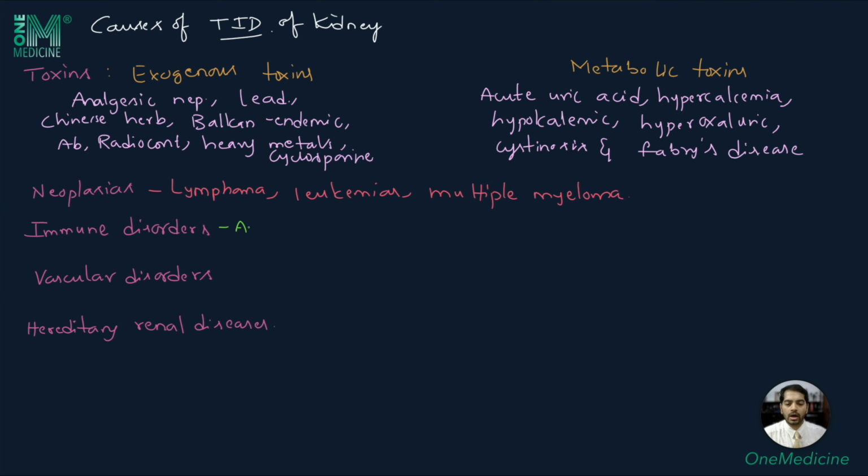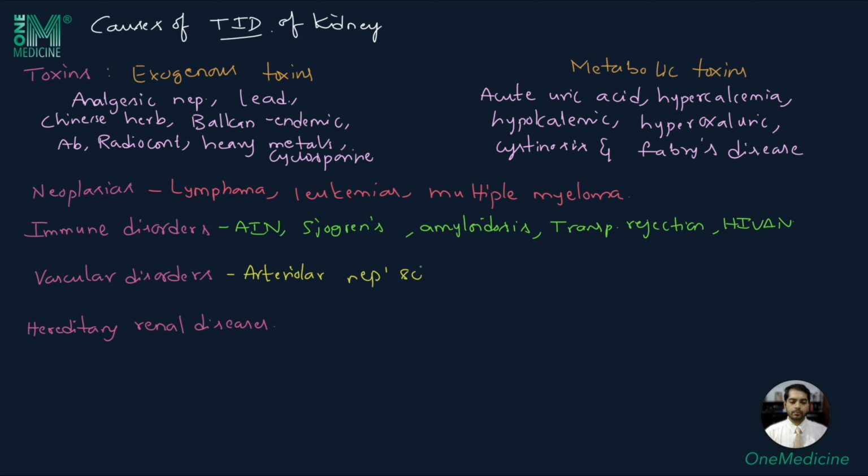Immune disorders can be acute interstitial nephritis, Sjogren's, amyloidosis, transplant rejection, and even HIV associated nephropathy. Vascular include arteriolar nephrosclerosis, atherosclerotic disease, acute tubular necrosis, and even sickle cell disease.